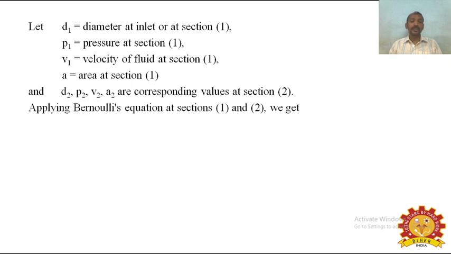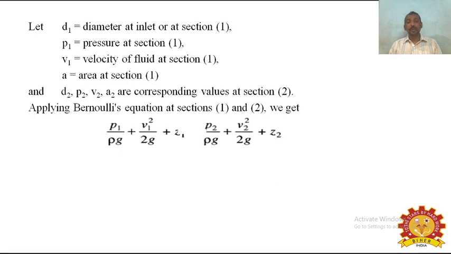So I write P1 divided by rho g plus V1 square divided by 2g plus Z1 equals P2 divided by rho g plus V2 square divided by 2g plus Z2. Because the venturimeter is fixed on a horizontal pipe, Z1 equals Z2. So P1 divided by rho g plus V1 square divided by 2g equals P2 divided by rho g plus V2 square divided by 2g.